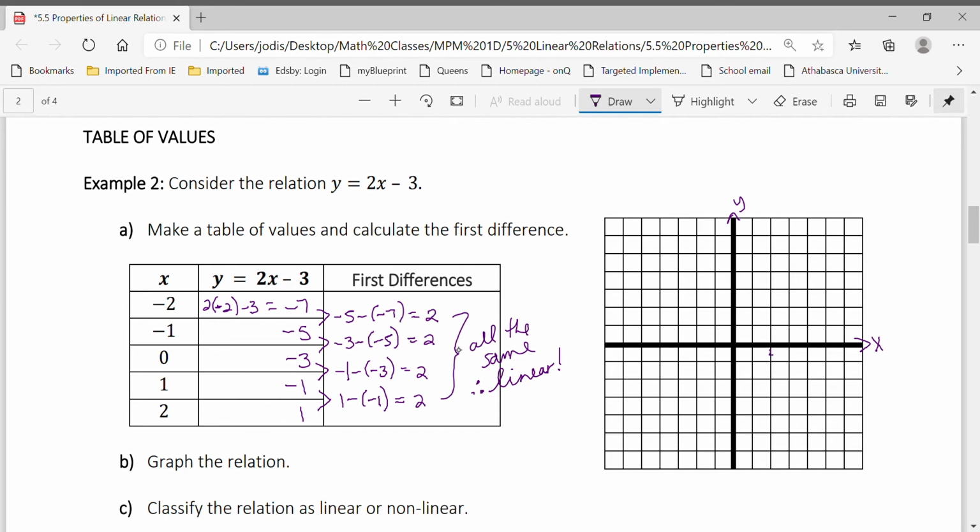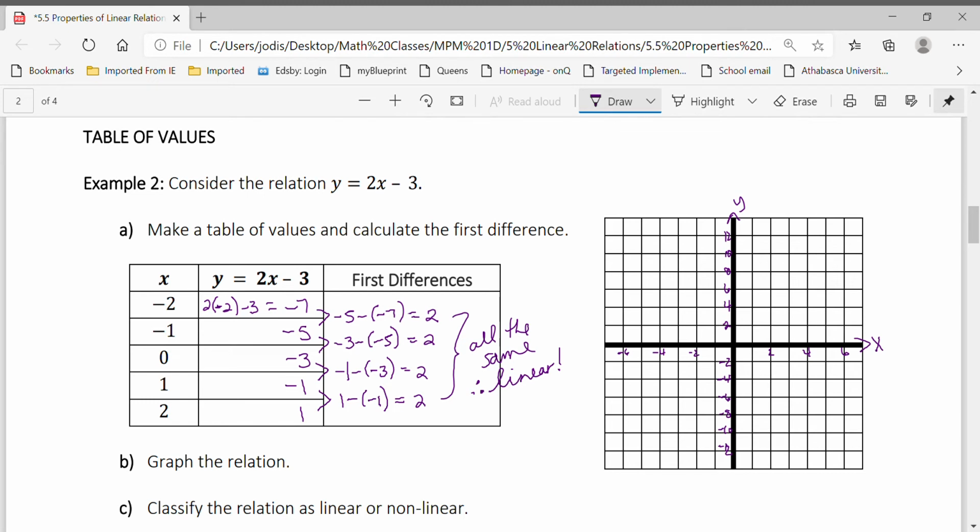So just count up by 1s, 2, 4, 6. And here we're going to have to count up by 2s: 2, 4, 6, 8, 10, 12. Negative 2, negative 4, negative 6, and negative 2, negative 4, negative 6, negative 8, negative 10, negative 12.